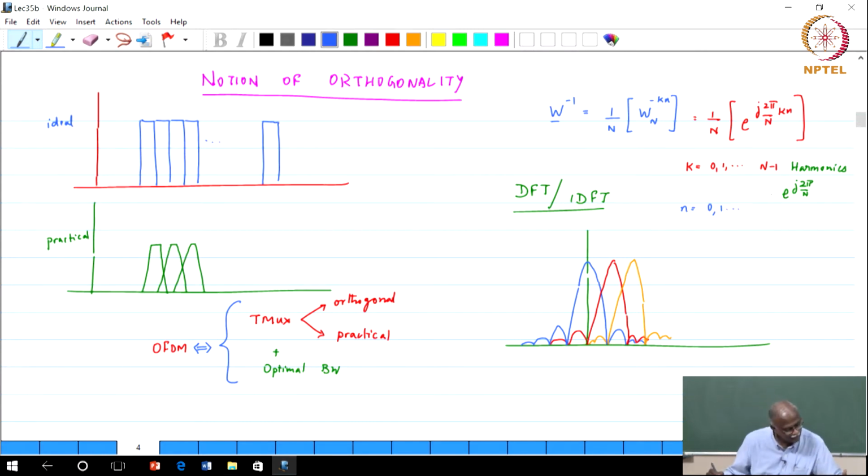So you are looking at N samples, okay, this is your notion of the time space. So given this, each of the rows are orthogonal, though they overlap in frequency. So that is the figure that we have, they are overlapping in frequency, nevertheless you have a system that is orthogonal.